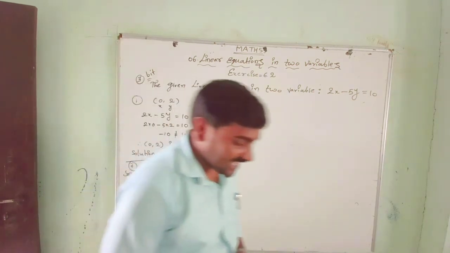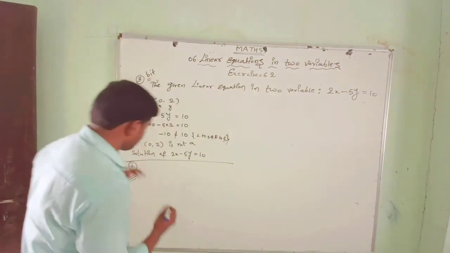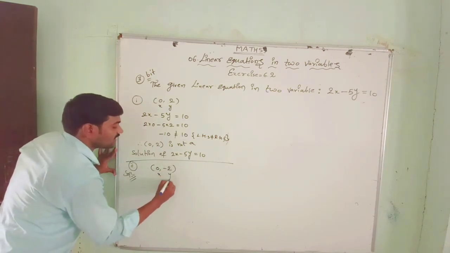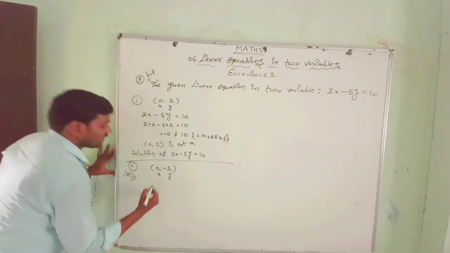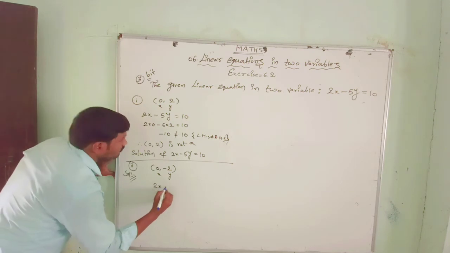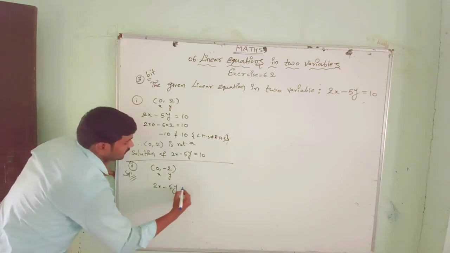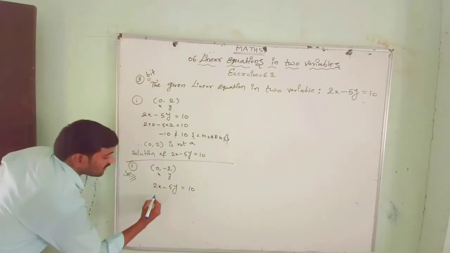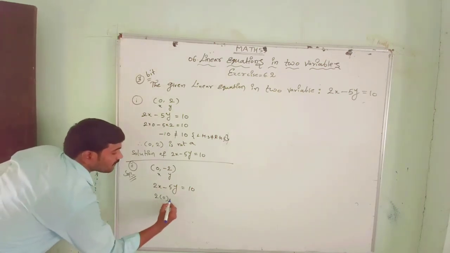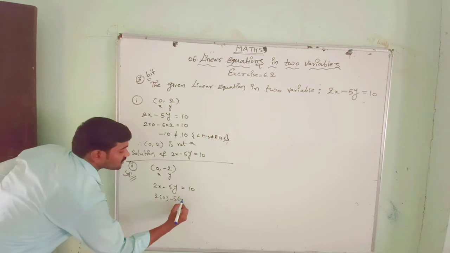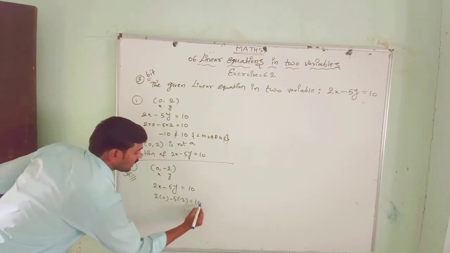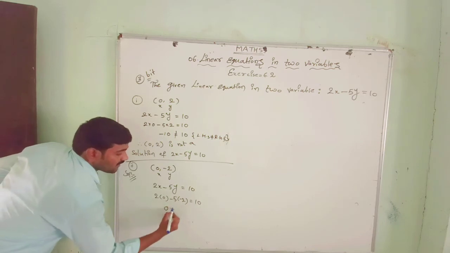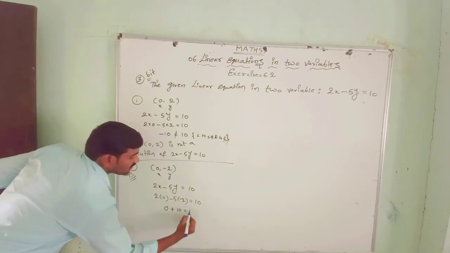The second point is (0, minus 2). This is the x value and this is the y value. The given equation is 2x minus 5y. Let us see whether it is equal to 10 or not. In the place of x we put 0, in the place of y we put minus 2. 2 into 0 is 0, minus into minus is plus, 5 twos are 10, so that equals 10.